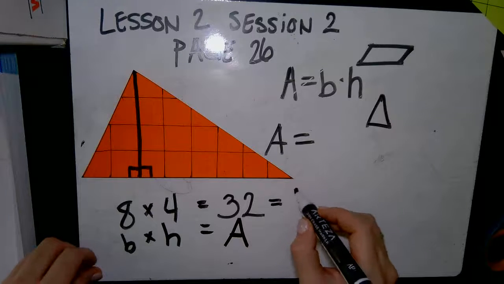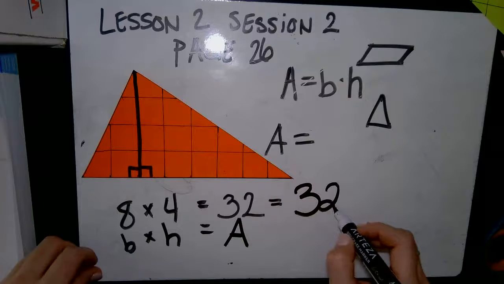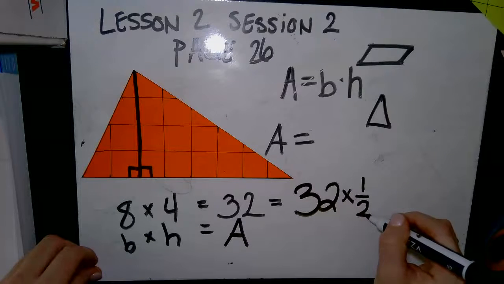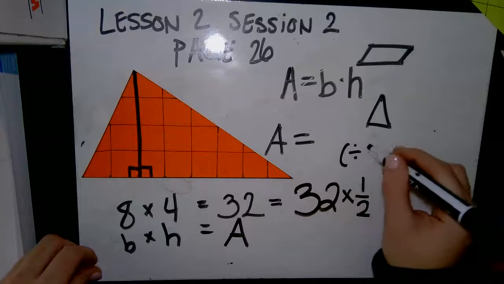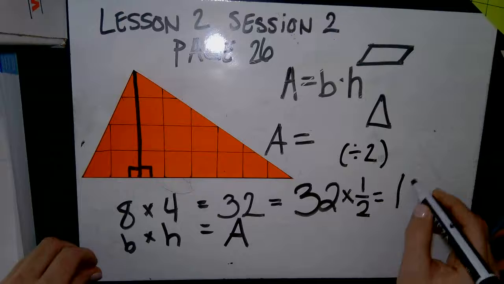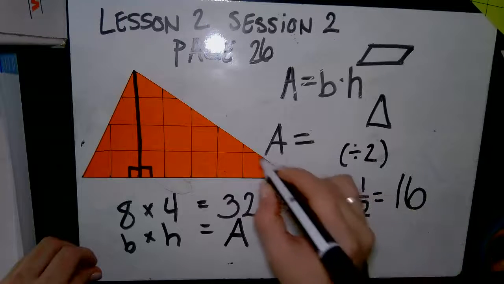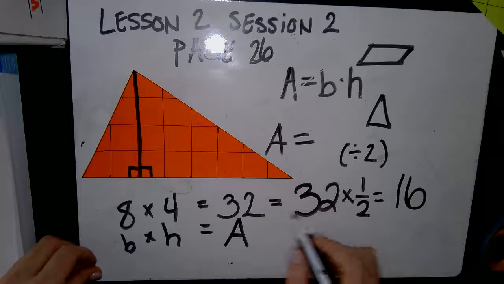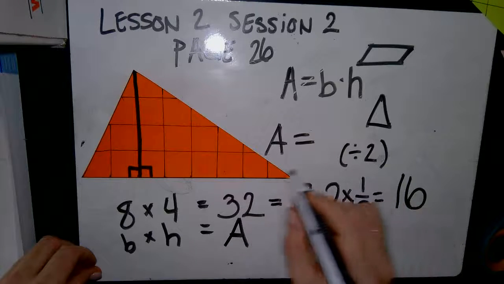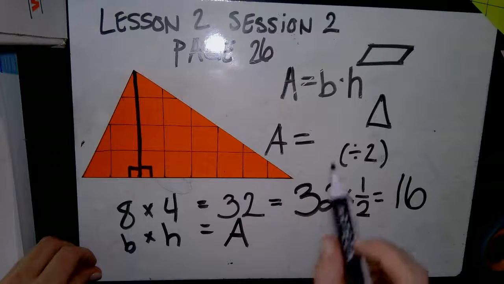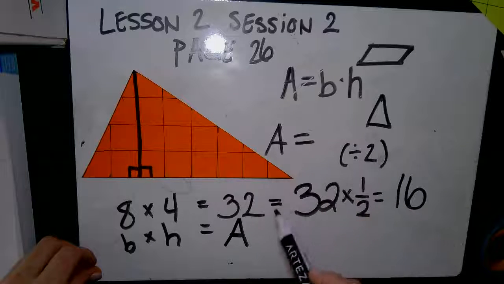And then we said we had to take that 32 and times it by 1/2, which is the same as dividing by 2, to get our new area of 16, which is just the orange triangle. So what is my entire formula going to be? I want to write one expression, one formula for area of a triangle.